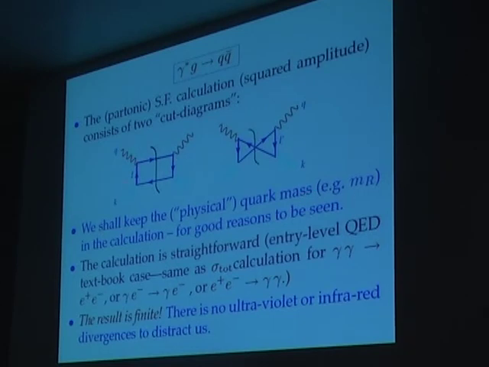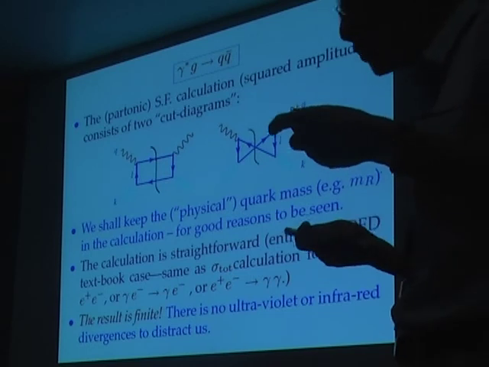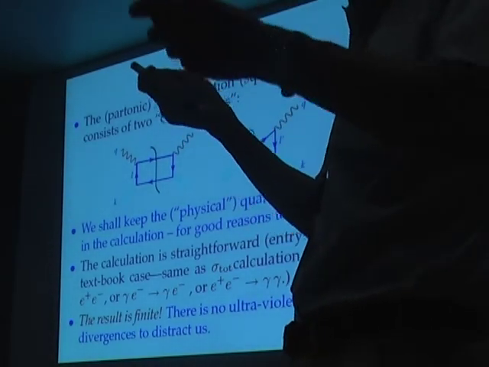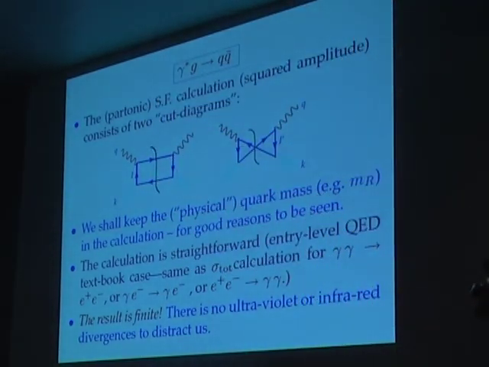This is done for several reasons. One of which is that then the result is finite. I do not see any divergence. So the collinear and soft divergence that I mentioned earlier will manifest itself in a slightly different form, give you a different perspective, and show you exactly why it's called collinear.